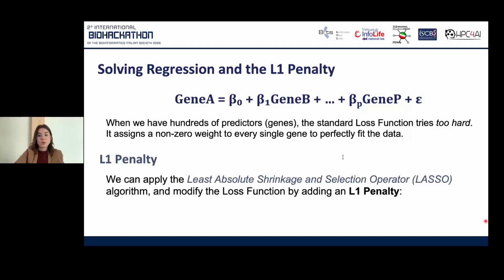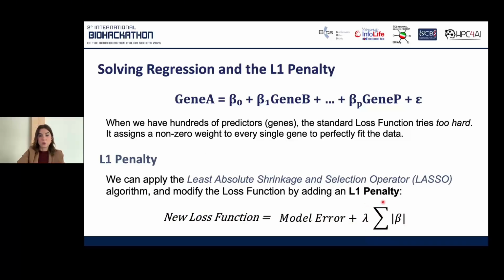So how do we force the model to be more selective? The strategy that we can use is to penalize it for being too generous with its coefficients. So this is the idea behind the L1 penalty and the lasso algorithm. We add a term to the loss function that pushes the coefficients towards 0.